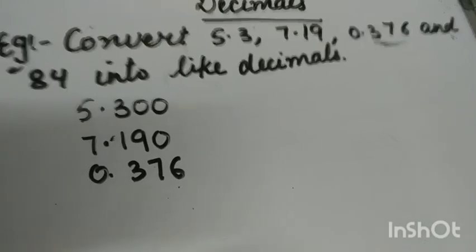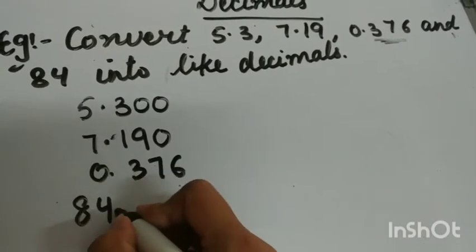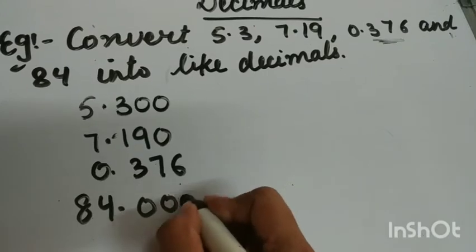And 84, we put 3 zeros after the decimal.